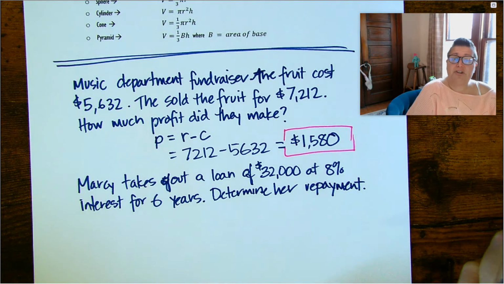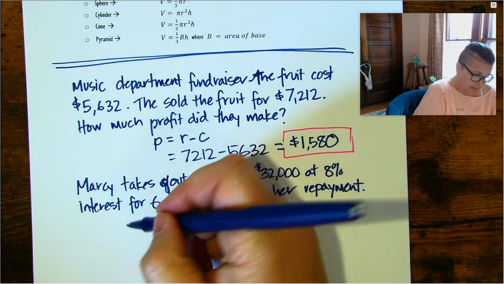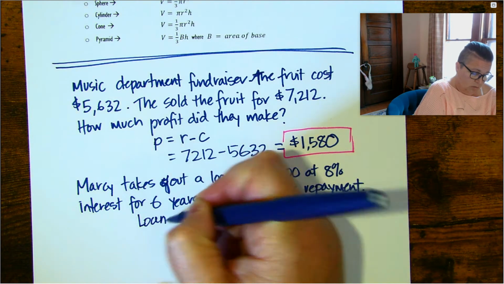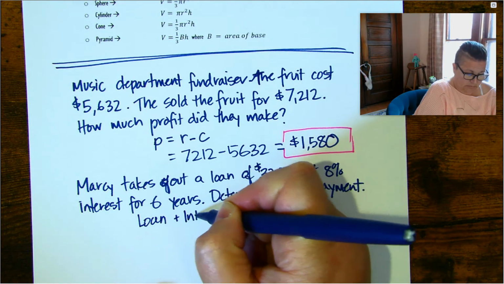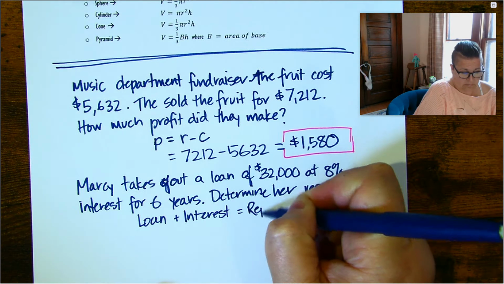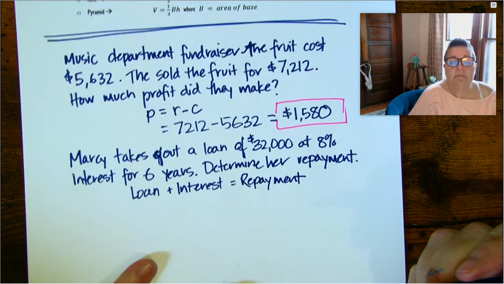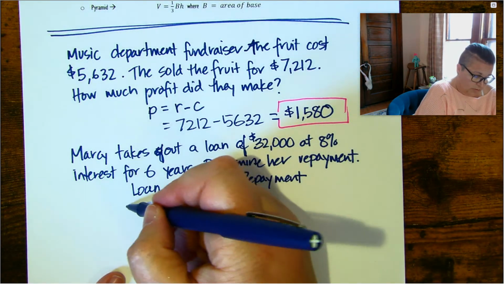Okay, so we're going to determine her repayment. If we're going to determine her repayment, that's going to be the loan plus the interest. Okay, so her loan was $32,000.